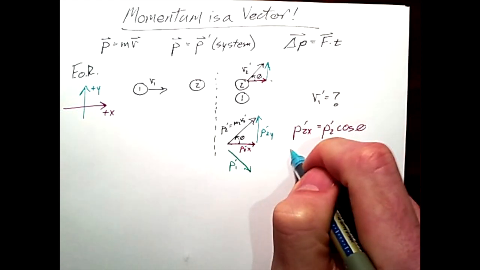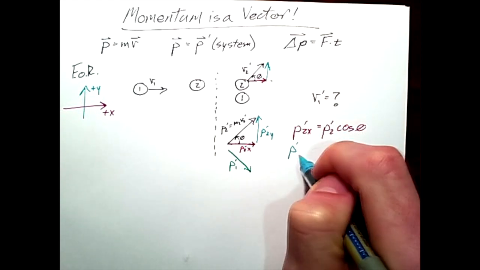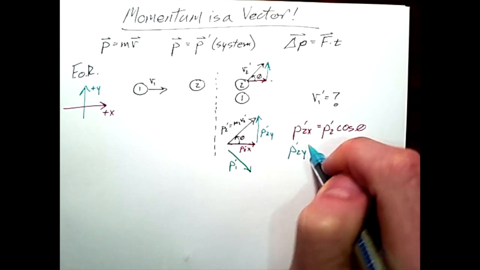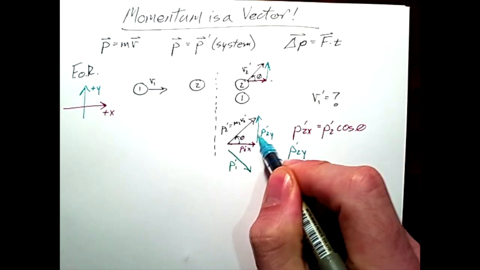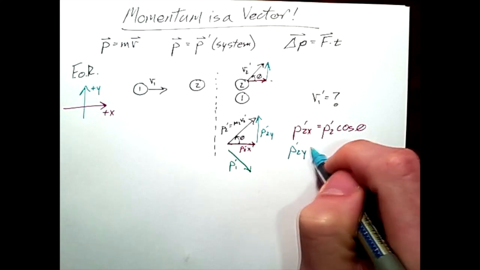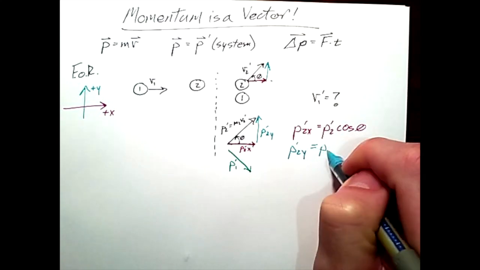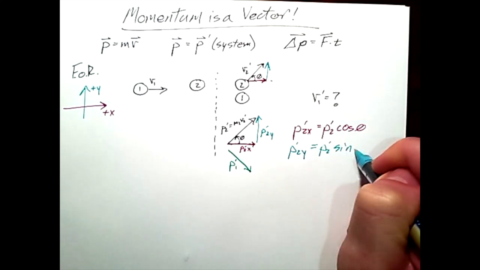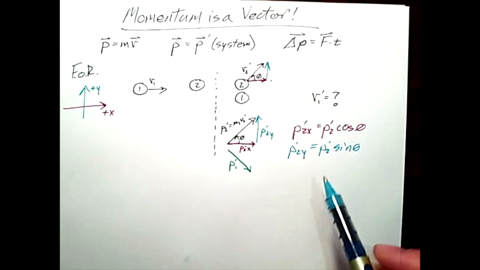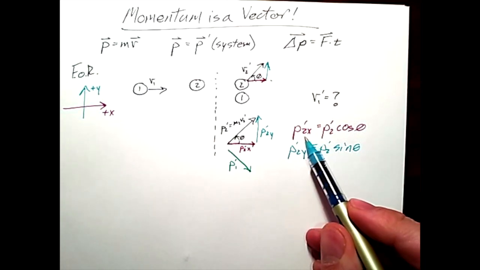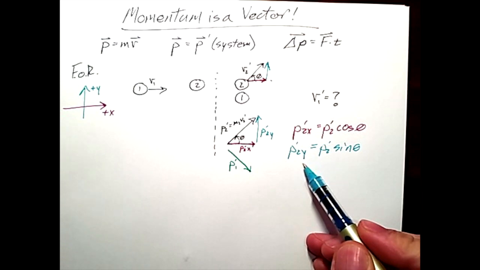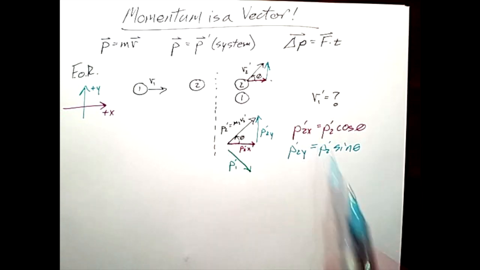Then the other direction, P2 prime in the y direction, is opposite the angle, and P2 prime is still the hypotenuse, which is the known value, so P2y prime is P2 prime times the sine of theta. And so now I have values for P2x prime and P2y prime, which are all the values on the right-hand side of this solution.